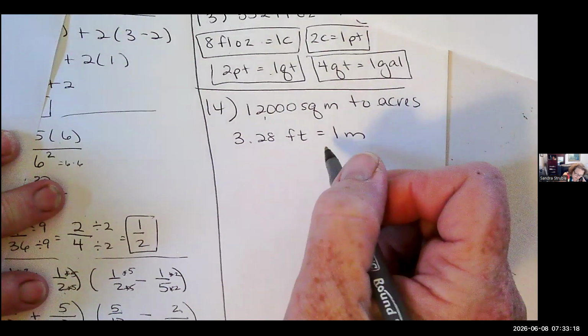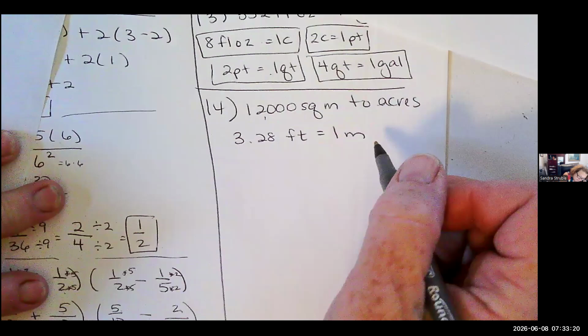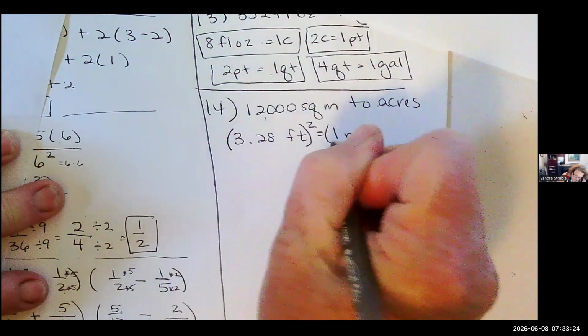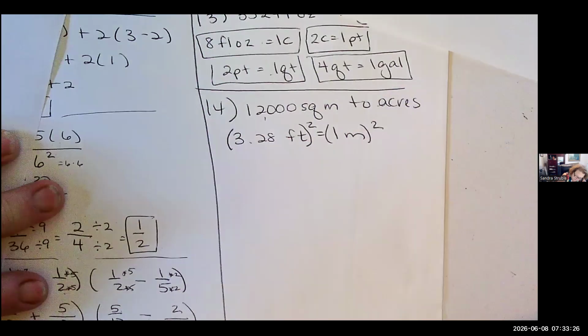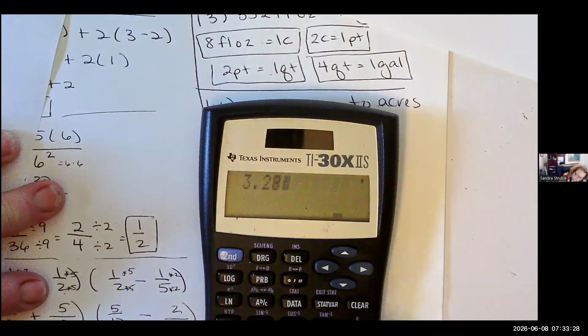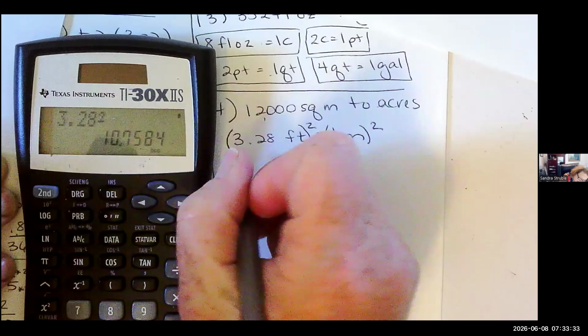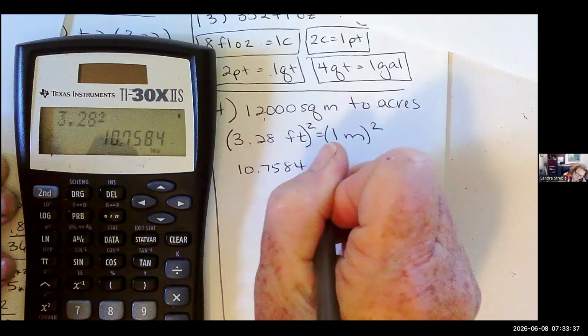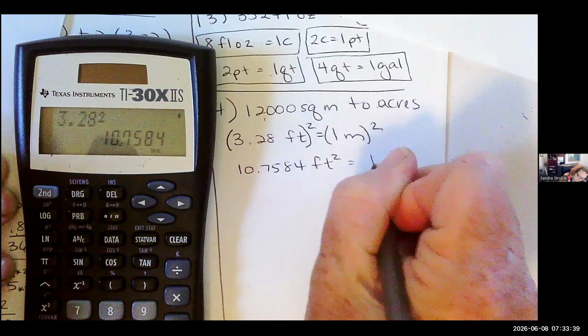And I've shown you this before. You just square both sides. So 3.28 squared is, and do not round this, 10.7584 feet squared is 1 meter squared. So there's my conversion for that one.